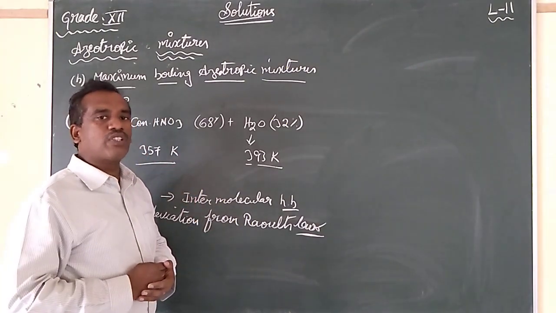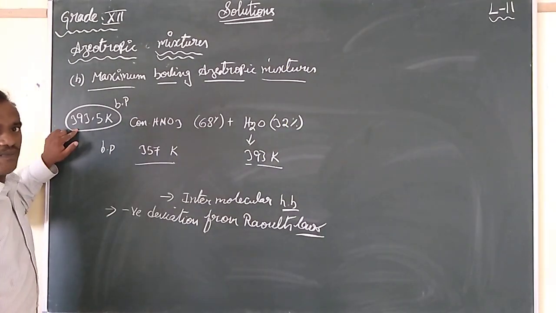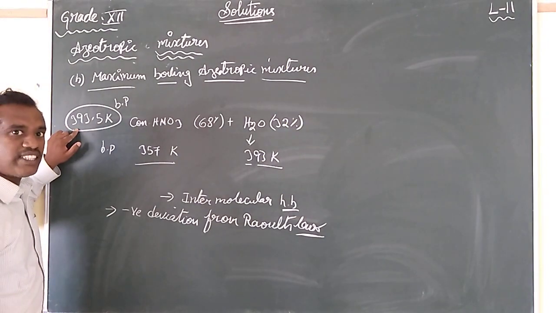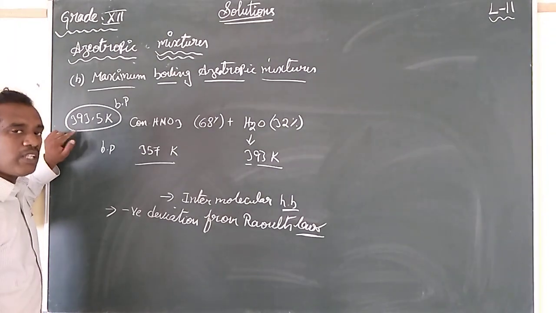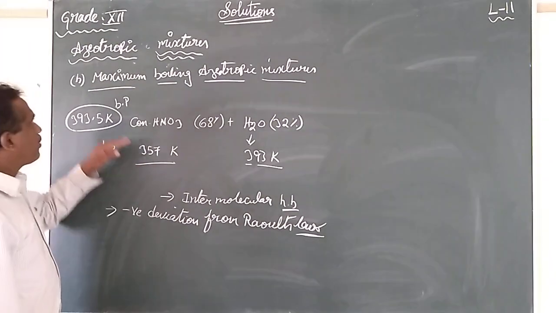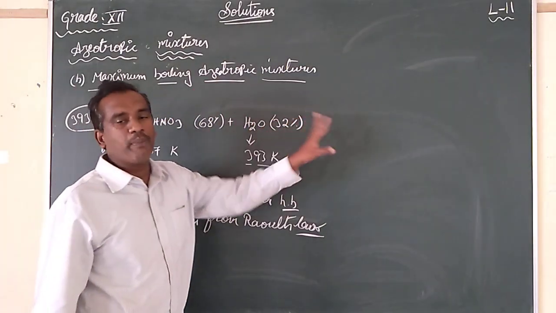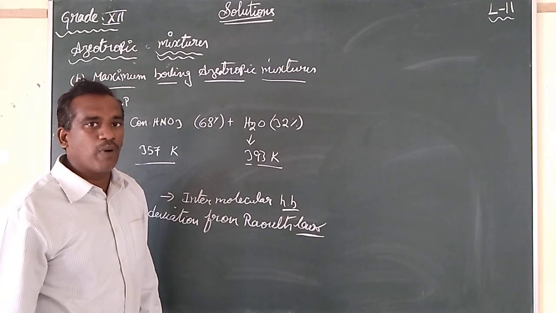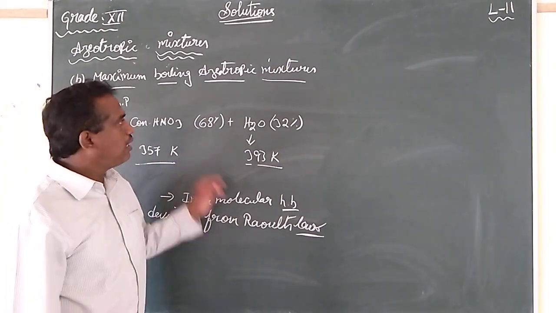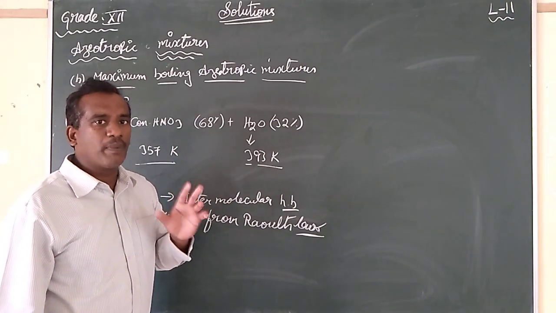Negative deviation from Raoult's law means their boiling point was raised. As the boiling point was raised above that of one of the compounds, these are called the maximum boiling azeotropic mixtures. So these are the two simple and important concepts about azeotropic mixtures.